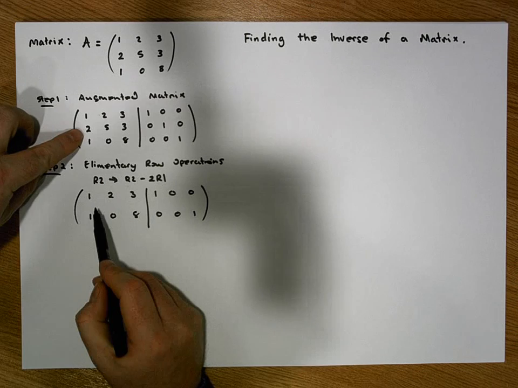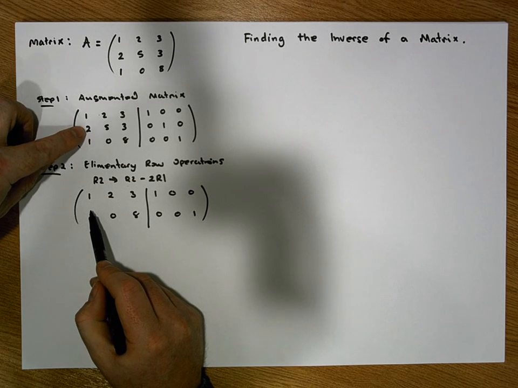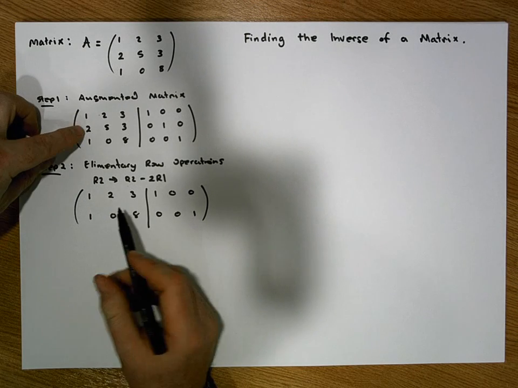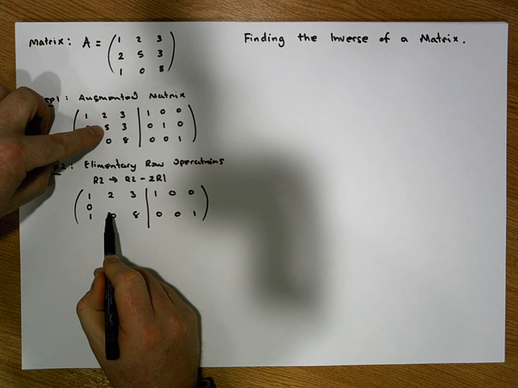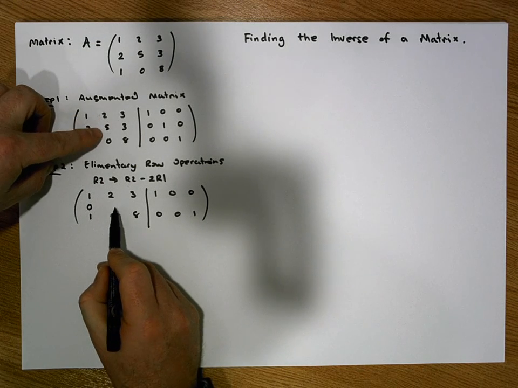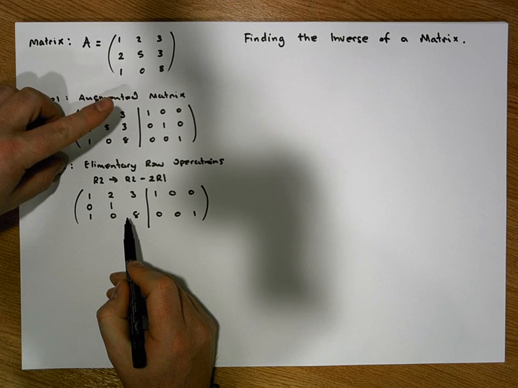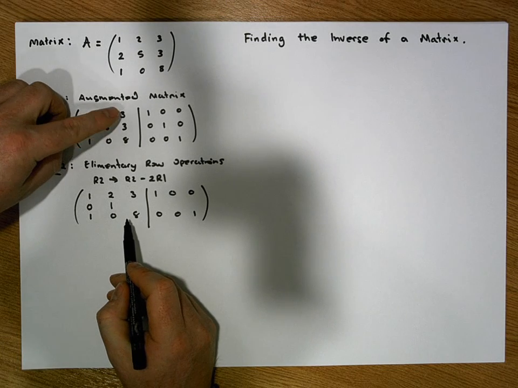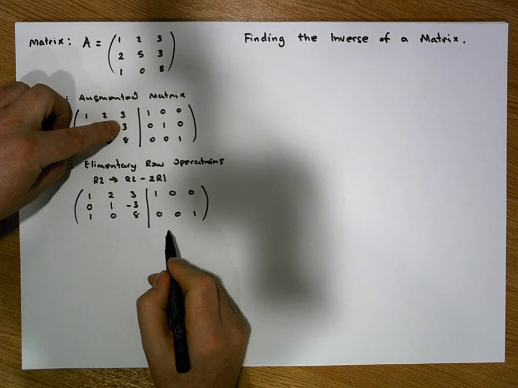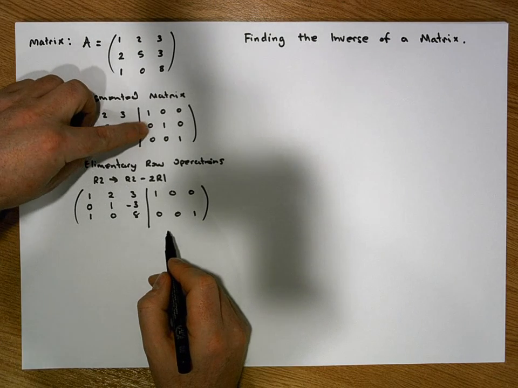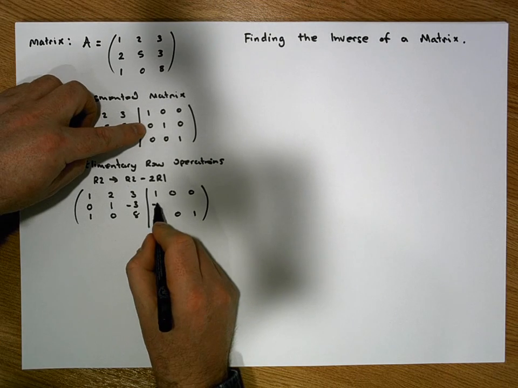The first value is going to be 2 minus twice 1 gives us a 0. The next value is going to be 5 minus twice 2 gives us 1. The next value is 3 minus twice 3 gives us a minus 3. The next value is 0 minus twice 1 gives us a minus 2.